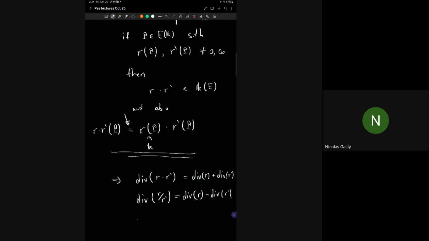And the divisor of a constant times R is just the divisor of R. These results allow us to manipulate, and we used it maybe even in the construction of the Weil pairing, but definitely in the proof of its properties.